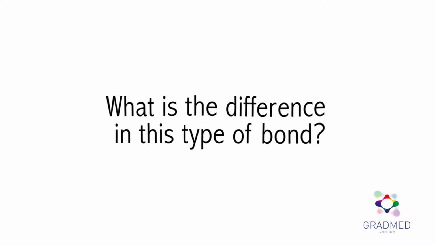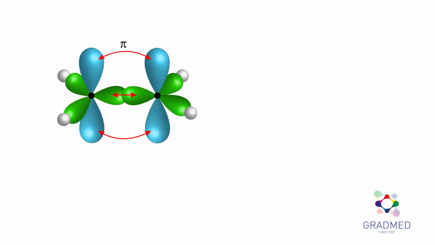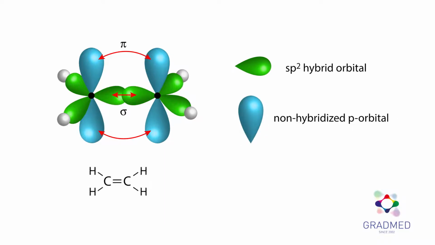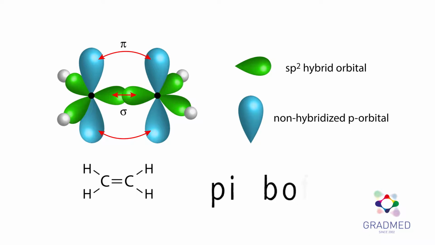What is the difference in this type of bond? Well, to form a double bond, carbon firstly shares one of its p electrons with another carbon atom. These non-hybridized electrons effectively form a bond above and below the carbon atoms called a pi bond.